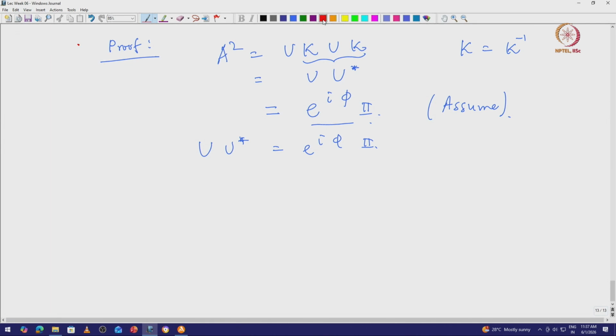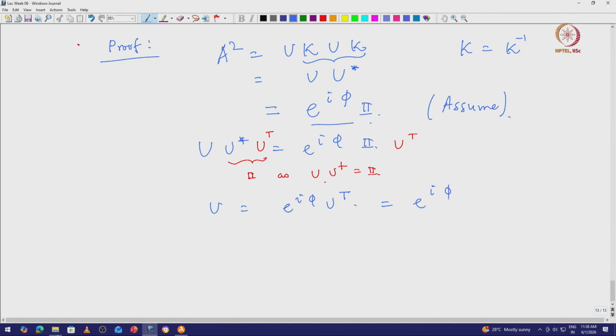Let us multiply by u dagger from the left on both sides. This is equal to identity since u dagger u equal to identity, it's unitary. If you take the complex conjugate with transpose of this entire thing, you will get this equation, and the transpose of an identity is identity. So that means we get u is equal to e to the power i phi u transpose.